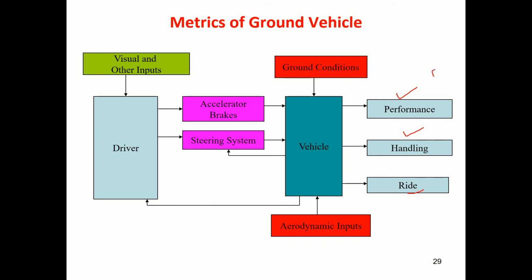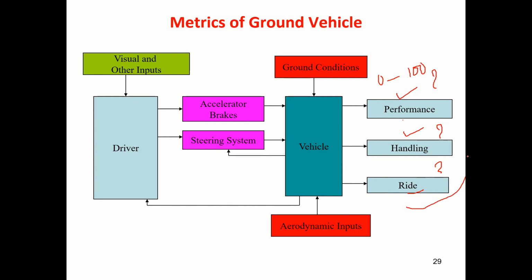If so, now let us define what is performance, what is handling, what is ride. I think in the initial video I told you performance is to do with the time taken by a vehicle to accelerate from 0 to 100 kilometers per hour. I told you about handling. It is to do with safety and it is to do with maneuvering. Ride is to do with comfort.